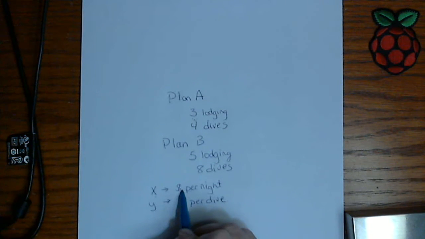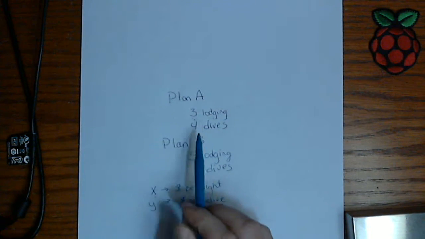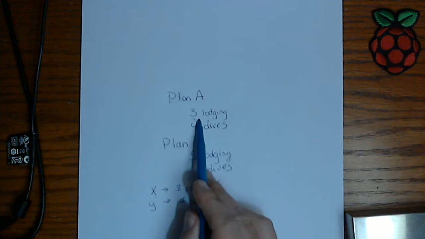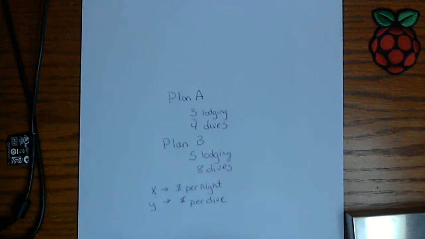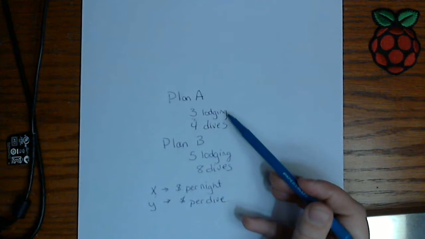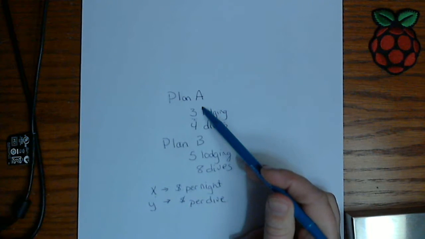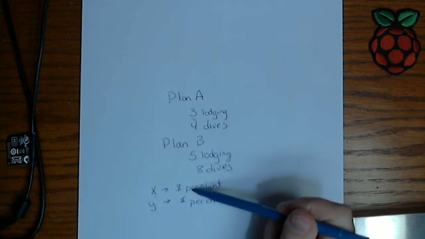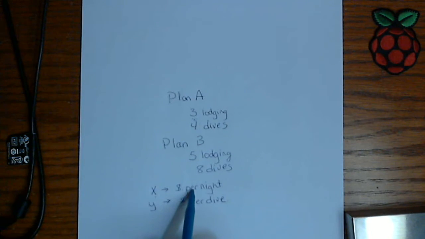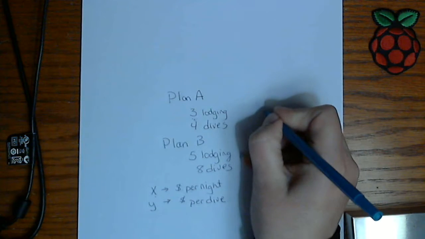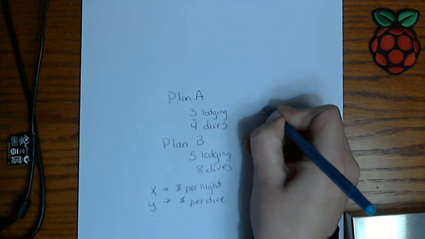If I paid $20 per night, how much would I pay just for the lodging in Plan A? Hopefully you said $60. And if you look at that pattern enough, you will figure out that the total amount that you're going to spend for lodging is going to be the number of nights of lodging times the number of dollars per night that you are being charged. So in this case, the lodging is going to cost 3x.